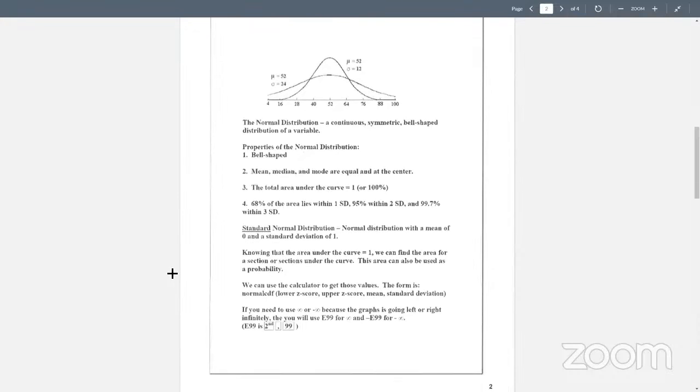See how you've got a bell curve, mean, median, and mode are equal, and at the center, because this is a normal distribution, the total area underneath the curve is 1 or 100%. That's what I was looking for. The area under the curve, they're talking about what is the percentage of the population that would be in that particular area.